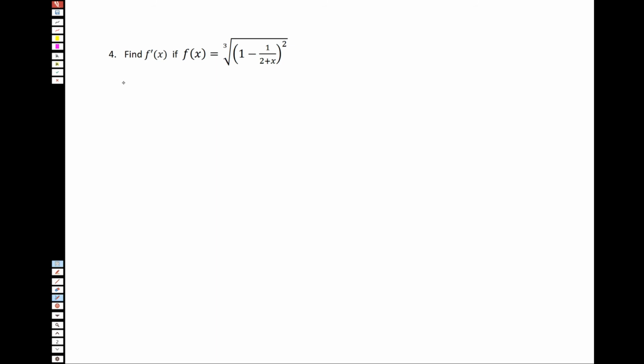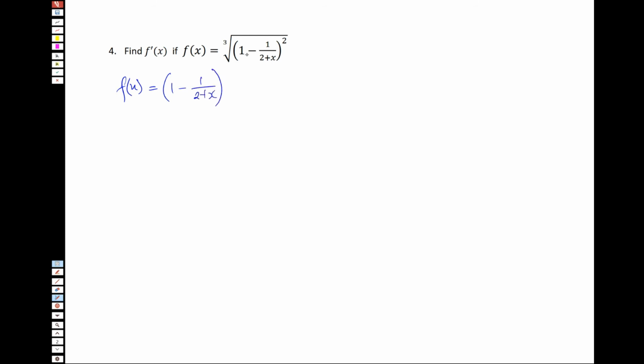So first of all, f of x will be equal to, this is the same as 1 minus 1 over 2 plus x to the power, if you use your knowledge of indices, this is the same as 2 over 3. The power is 2/3.